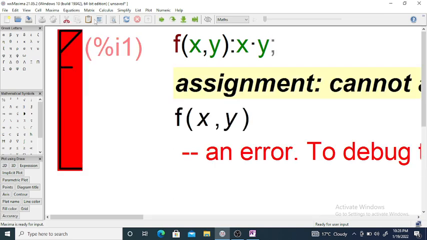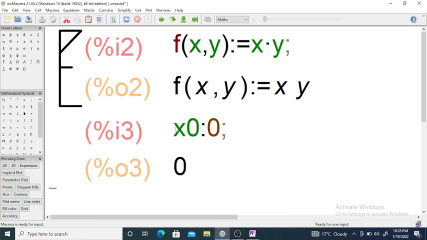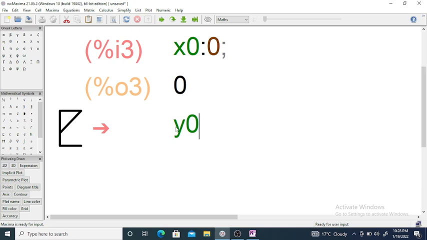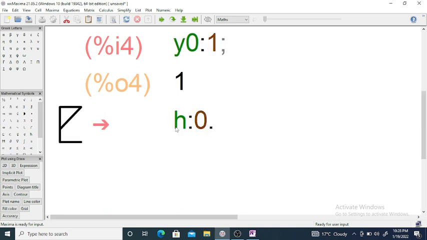Here we want to assign f of x, y equal to x into y. Next, take x0 equal to 0, y0 equal to 1, which is the initial condition, and h equal to 0.1.